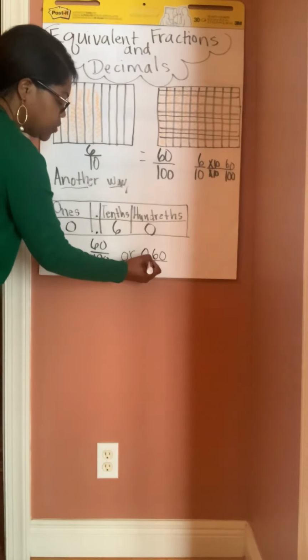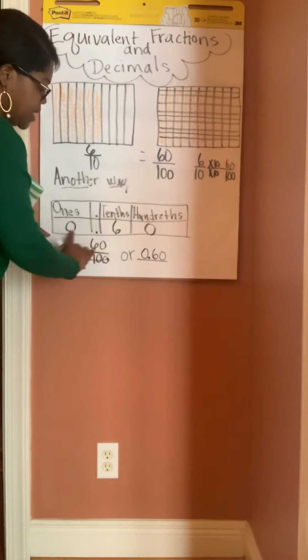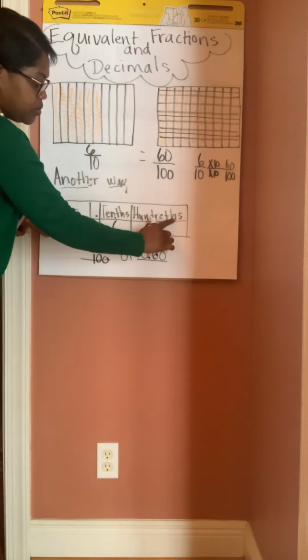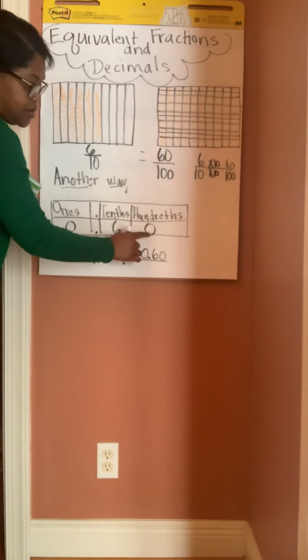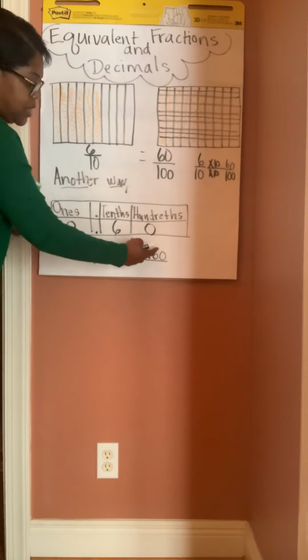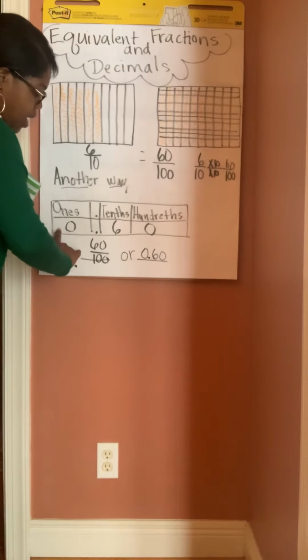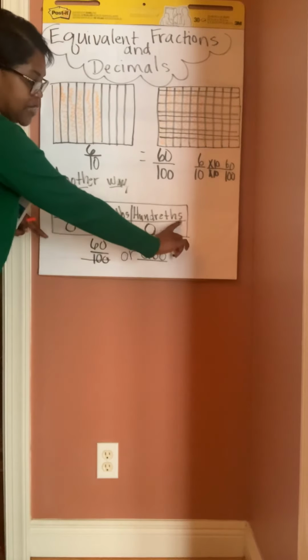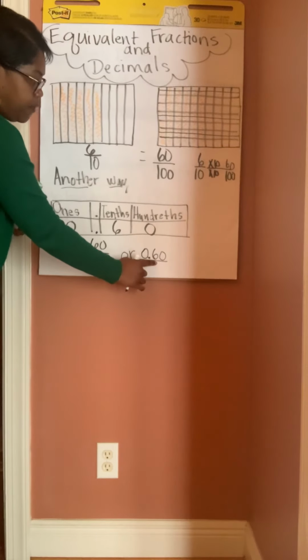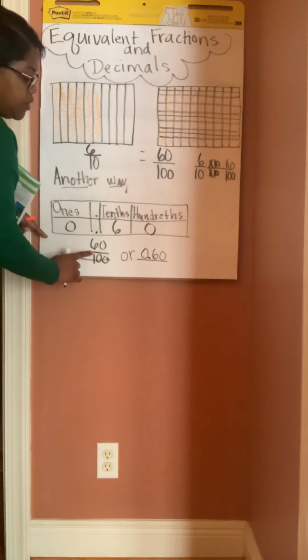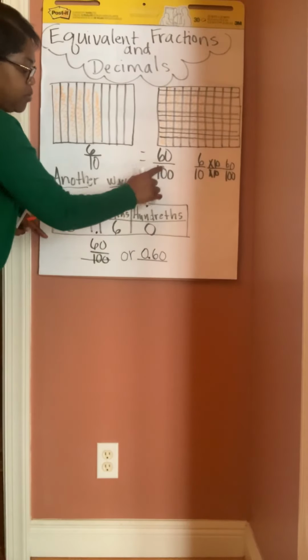I will read this as 60 hundredths. I would never say 0.60. I will read it from left to right, 60 hundredths. So this is the decimal form that I got from my place value chart. And this is the fraction in hundredths, right here.